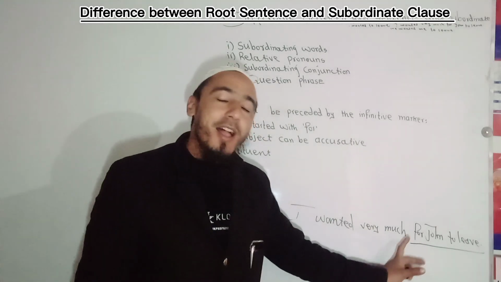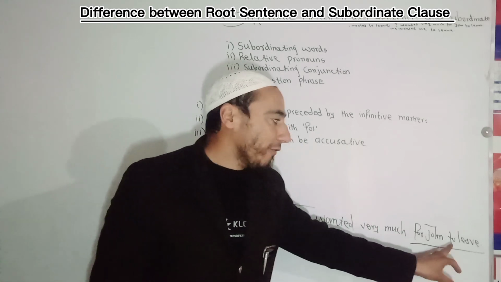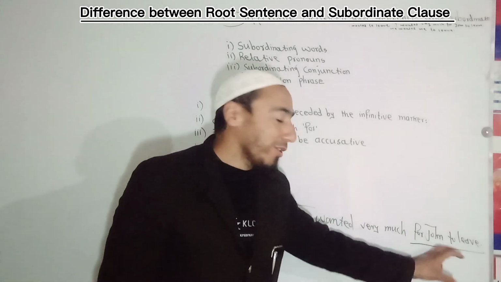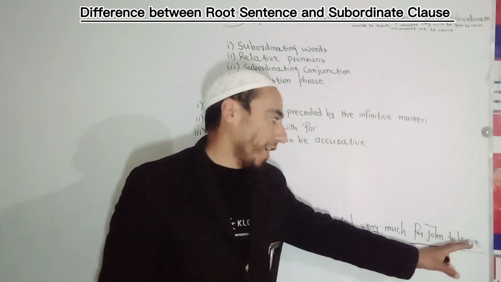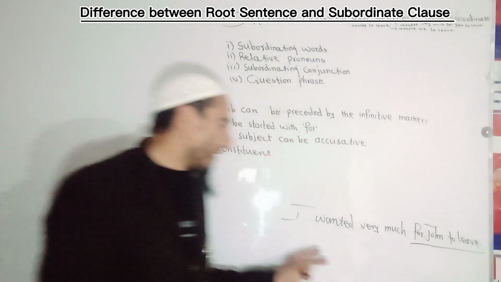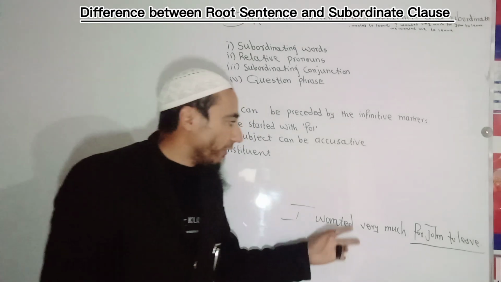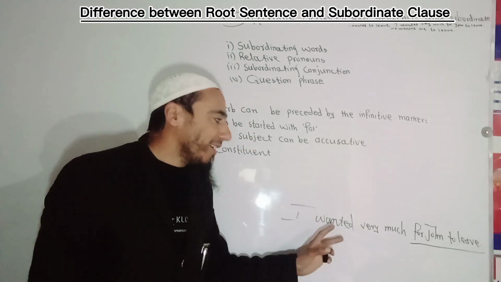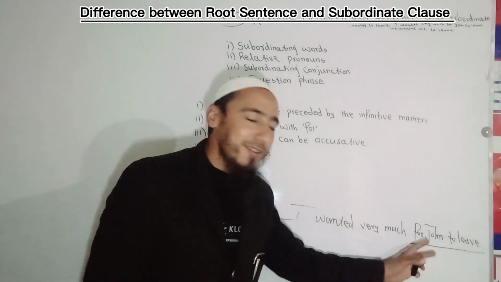Because it starts with a subordinating conjunction, and we also have the infinitive marker, and here the verb is preceded by the infinitive marker. "I wanted very much" is the root sentence, because here the verb is not preceded by the infinitive "to."